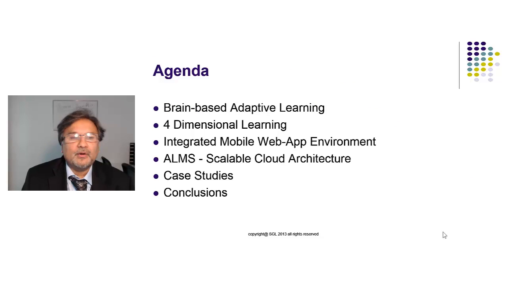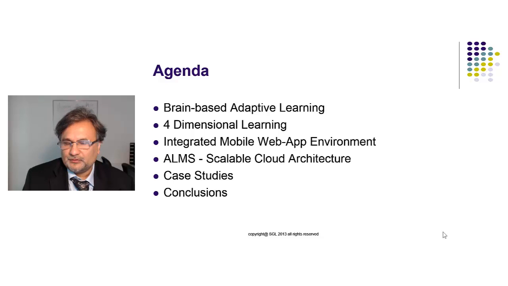I'm going to cover a few topics in this talk. One is, what is brain-based adaptive learning? That's my area of research, and I'm going to take you through some of the ideas of synaptic learning. Then we have come up with a model called four-dimensional learning, so we'll talk about that. Then how we can create a structure, especially with the mobile apps that are coming out all over the world, and how we can use those adaptive apps to create really very effective online education.